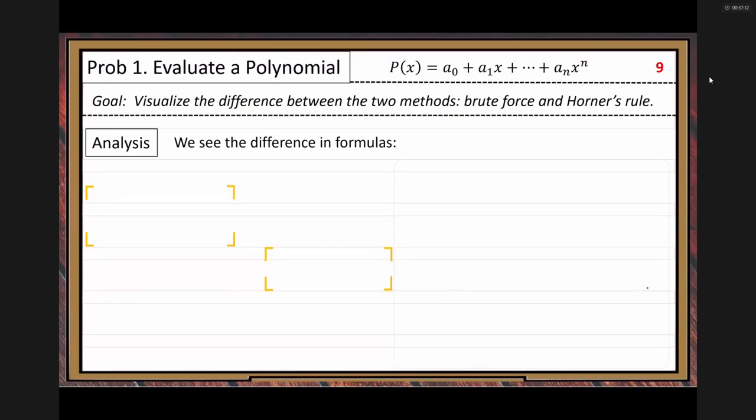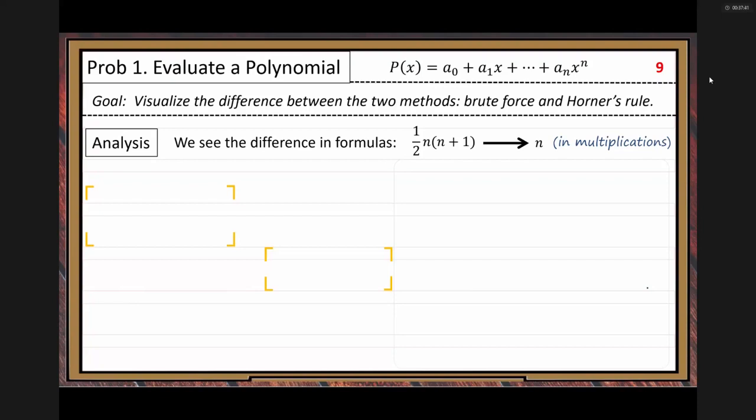Let's put the two formulas side by side. Here we only look at the multiplications. We do not look at the additions. The addition part is the same in both methods. So now we only look at the multiplication part.